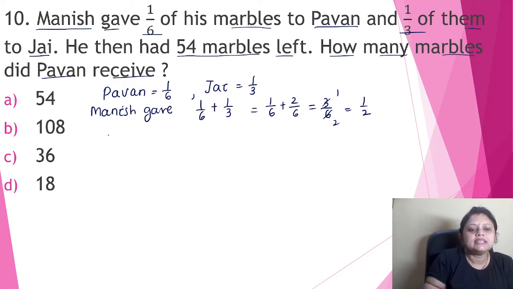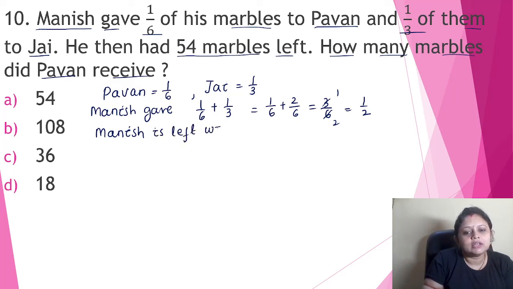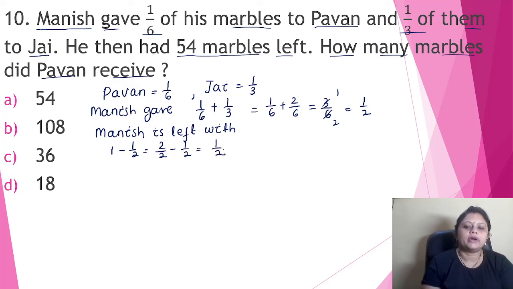Okay. So Manish is left with, always we take the total as 1. So from 1 he has given half to Pawan and Joy, so he is left with 1 minus half, that is 2 by 2 minus 1 by 2 equal to 1 by 2.